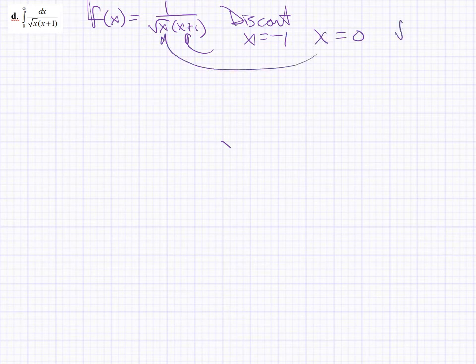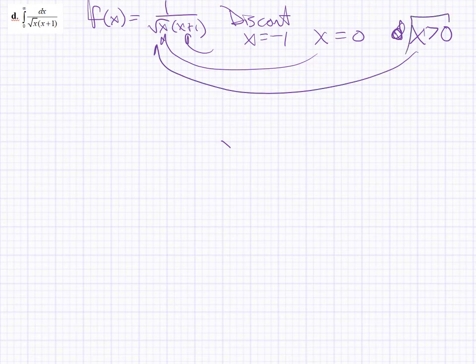Also, x has to be greater than 0 for the square root to work out. So since it can't equal 0 and it can't be negative, x has to be strictly greater than 0, and it can't equal any of these, but these are all going to be less than 0. So the only x's we can work with here are x's greater than 0 in this function.